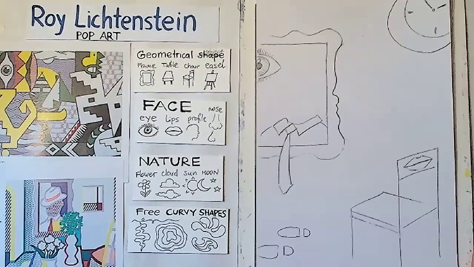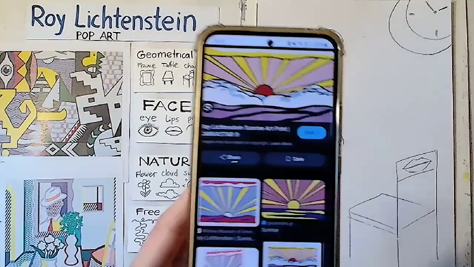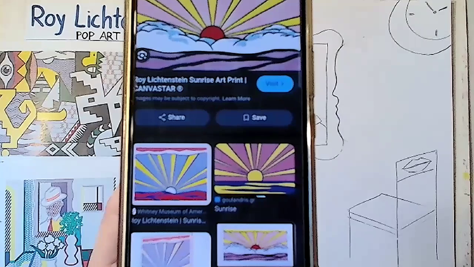Yeah, nature, anything can be a tree, a cloud, the moon, the stars, the sun, can be sun stars. It's actually also one of the popular elements, I'm going to show you now. It's the way he did it.